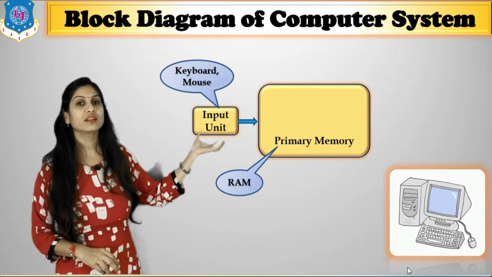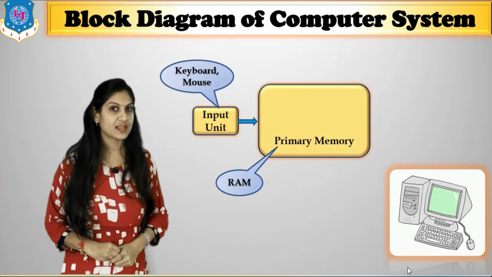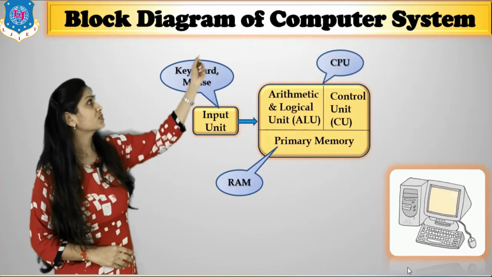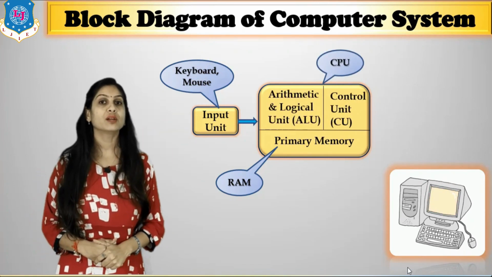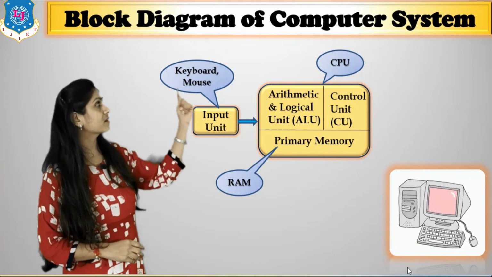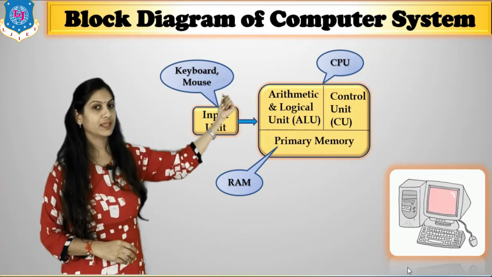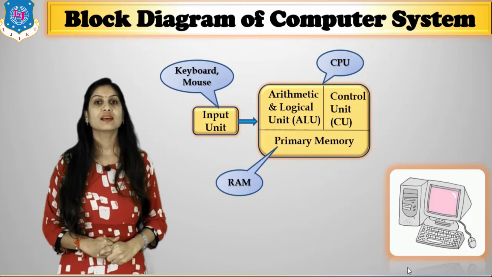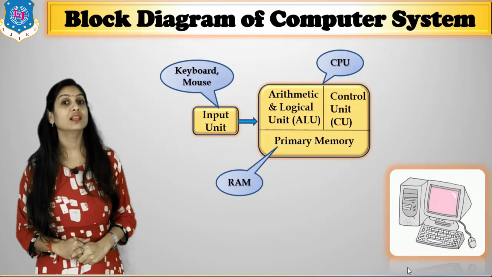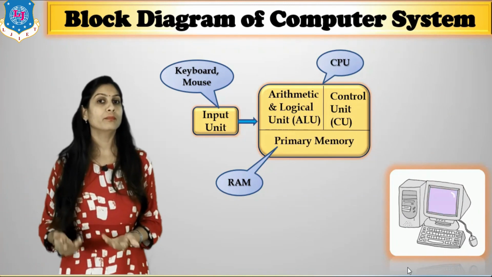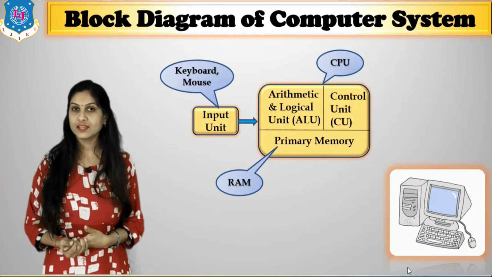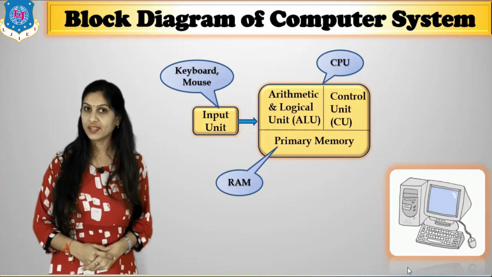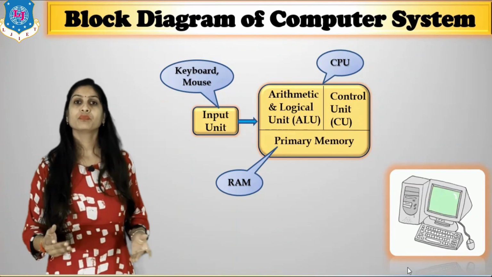Now, after storing the data, we have to process that data, and for that we are using the CPU. The CPU, full form Central Processing Unit, is the combination of two parts, ALU and CU. The full form of ALU is Arithmetic and Logical Unit, which performs arithmetic operations like addition, subtraction, multiplication, and logical operations like OR gate, NOT gate.